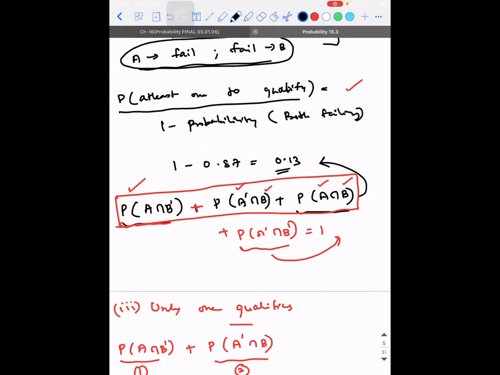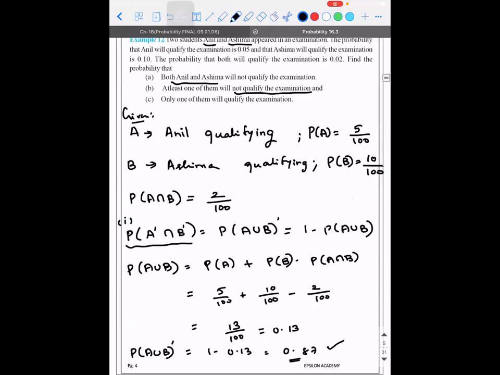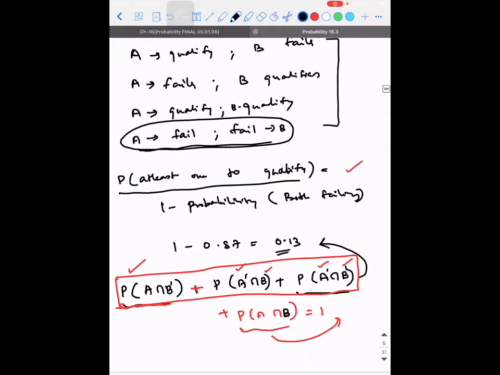Sorry, it was my mistake. I'm sorry about that. Here it should be A dash B dash. Here it is A intersection B. Now it makes sense. Okay. But here, wait. At least one of them will not qualify. At least one means both should also not qualify.